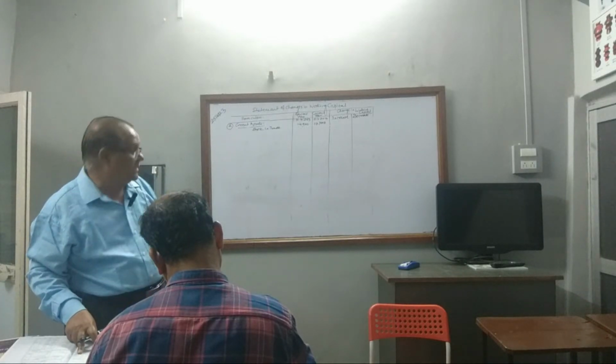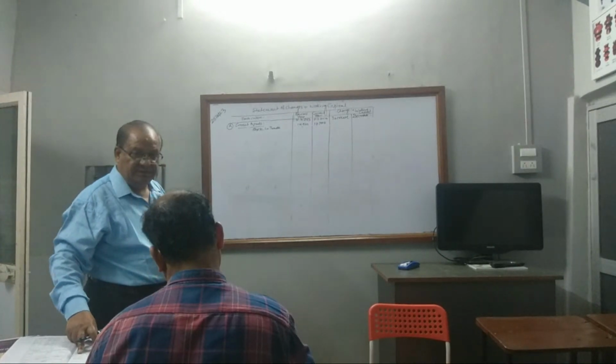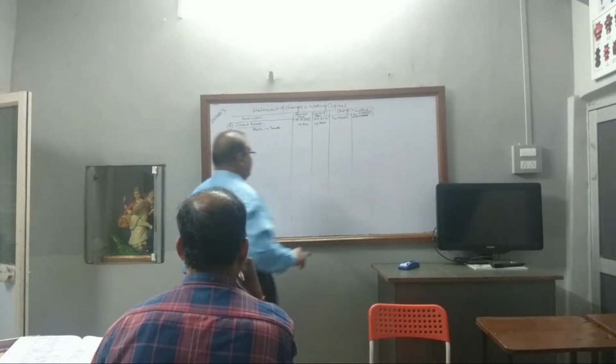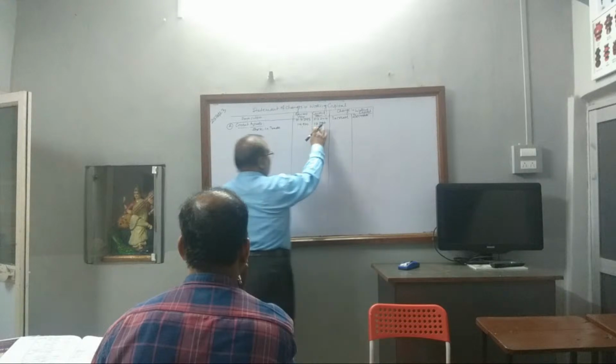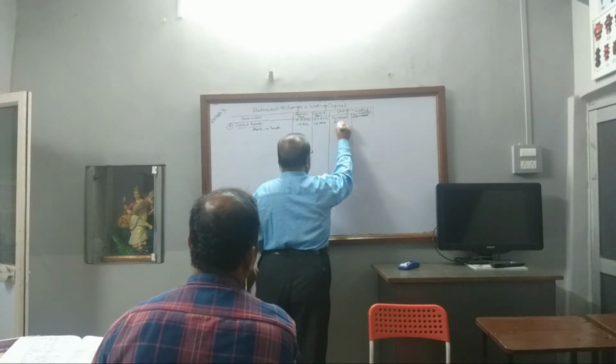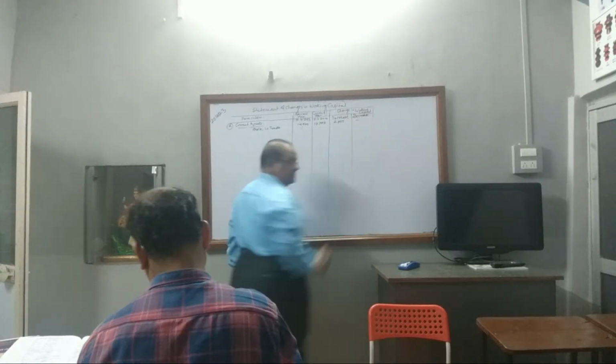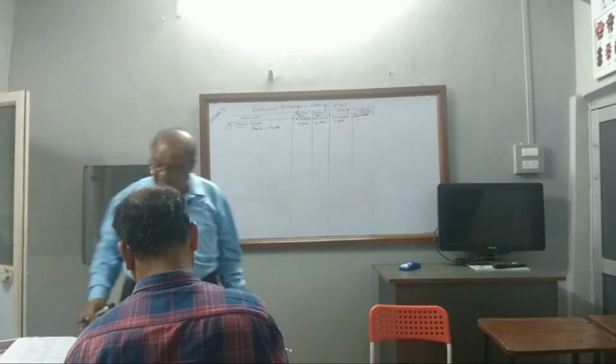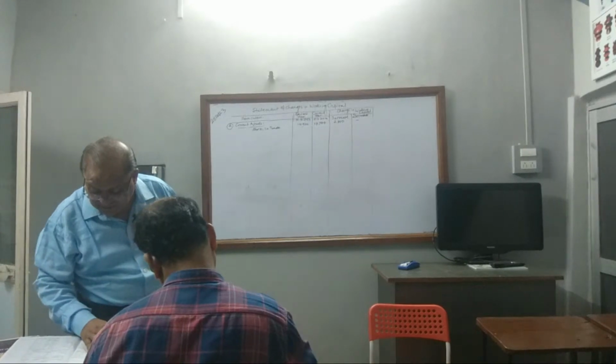So it will be an increase of 2,800. Correct? 2,800. So from this you deduct, and you will get an increase of 2,800. Here dash.